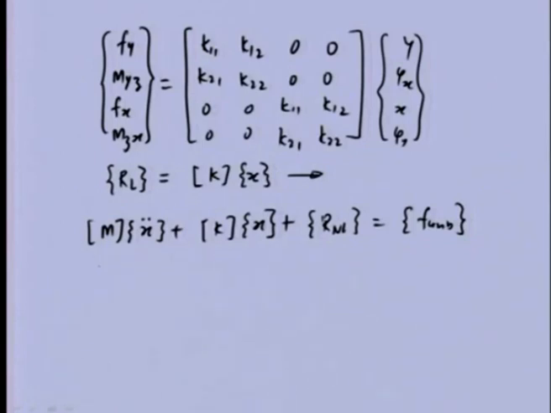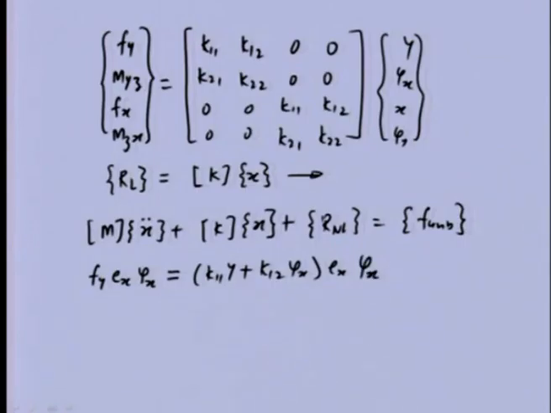So, one of the terms is Fy Ex and then phi x. From the above equation we can see Fy is k11 into y plus k12 into phi x, Ex phi x.